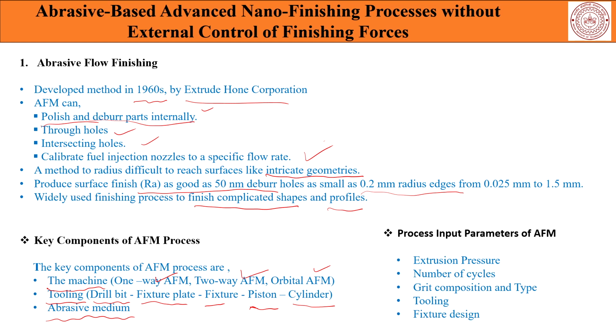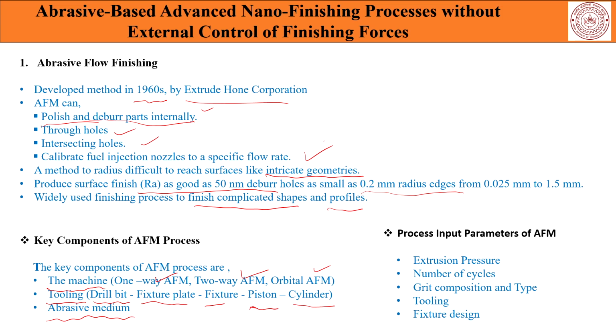It is like a thick paste, or sometimes like a high viscosity putty, where the abrasives are carried as a flow plug, operating within different channels because of extreme pressures. Now, the process input parameters of course are the pressure of extrusion that creates the flow of this very dense thick slurry containing the abrasive particles.